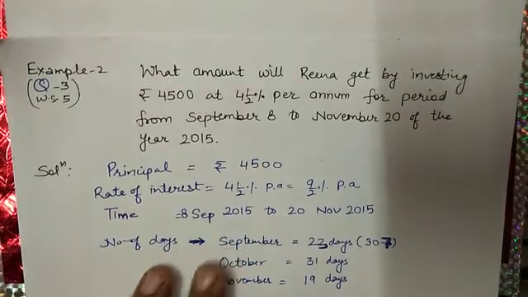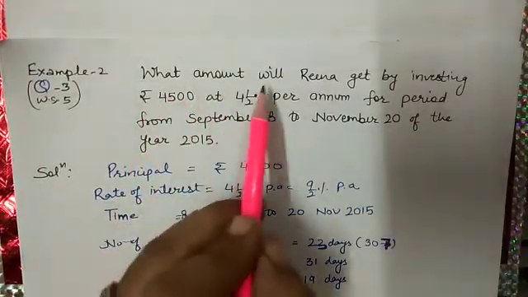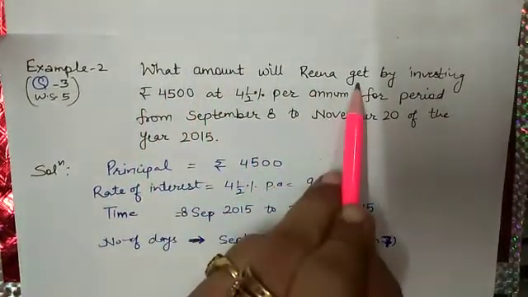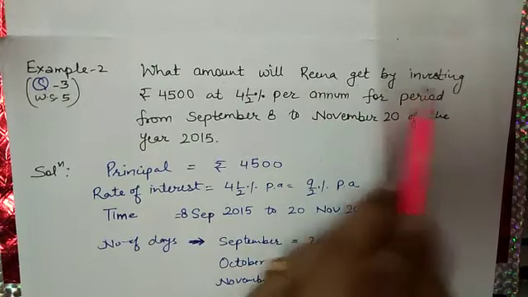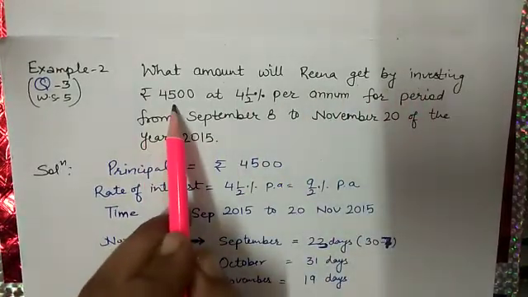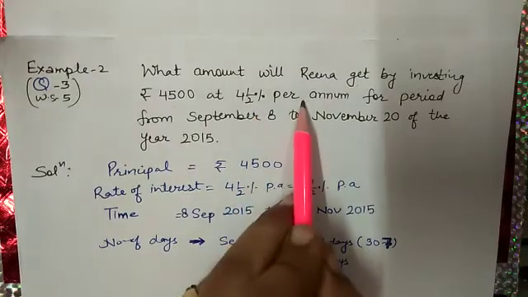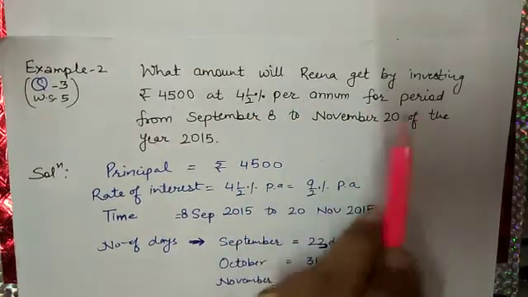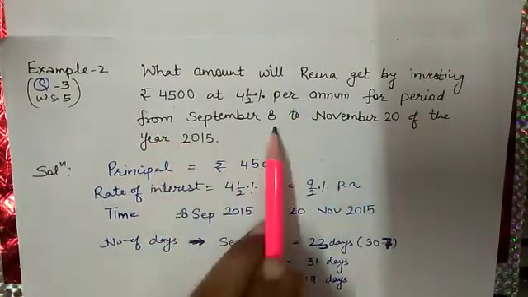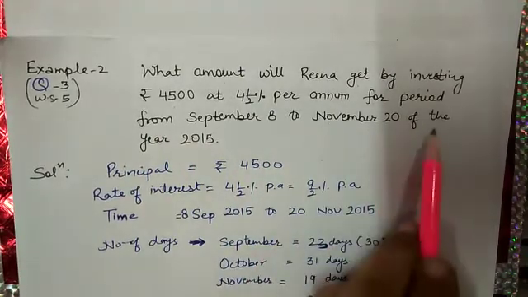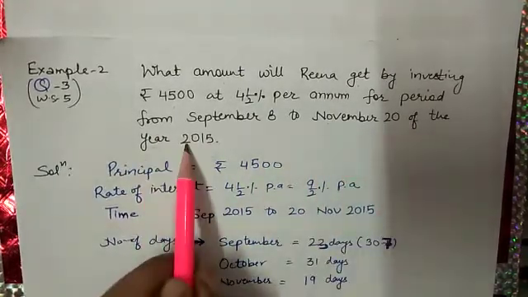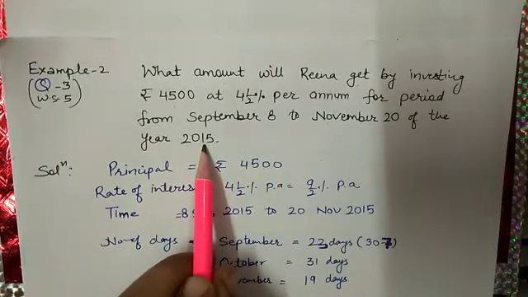Next example: what amount will Reena get by investing rupees 4500 at 4.5% per annum for the period from September 8 to November 20 of the year 2015?